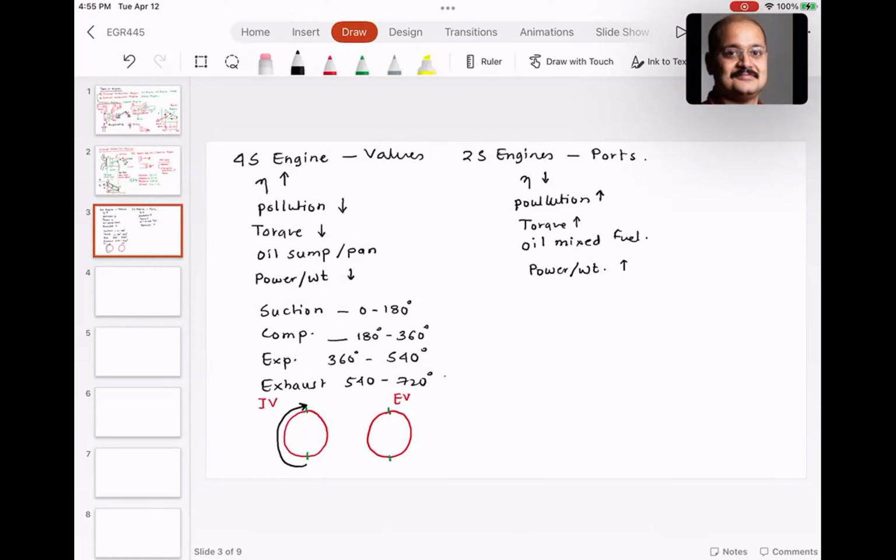This is cycle 1, so A. For cycle B, which is compression, intake valve will be closed, exhaust valve would be closed. For the expansion, intake valve would be closed, exhaust valve would be closed. For exhaust, the intake valve will be closed, but the exhaust valve would open. So this is C, this is D.